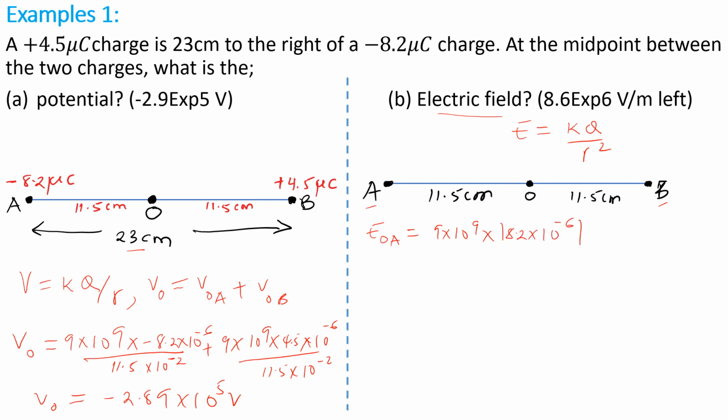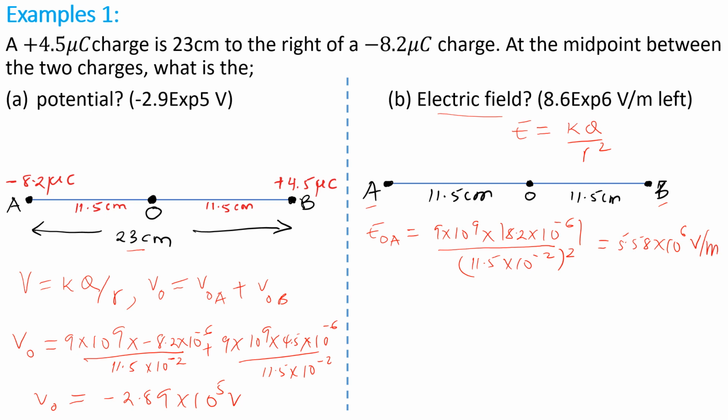Be careful, we take the magnitude when we are calculating electric field intensity, divided by the distance, which is 11.5 times 10 to the power negative 2, but this time squared. And this is going to give us 5.58 times 10 to the power 6 volts per meter.